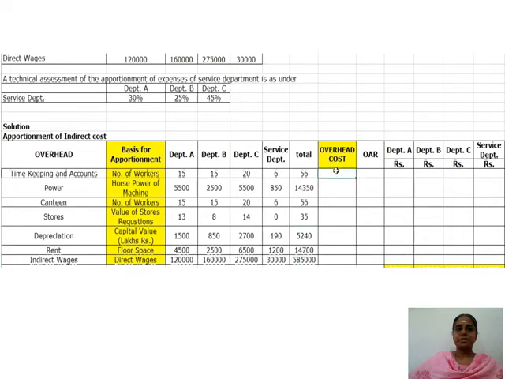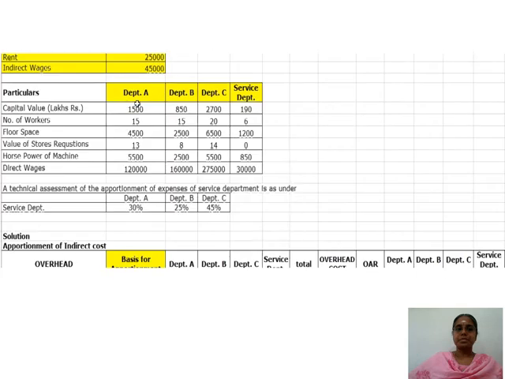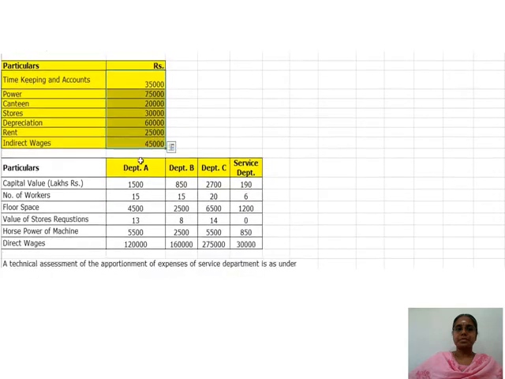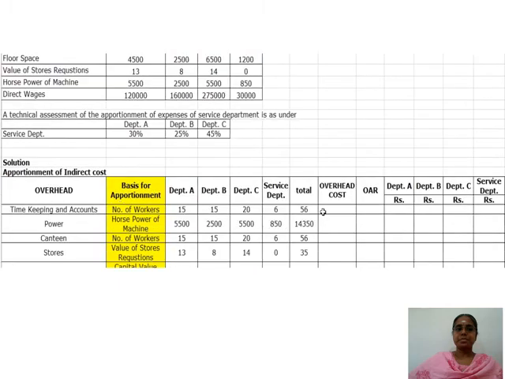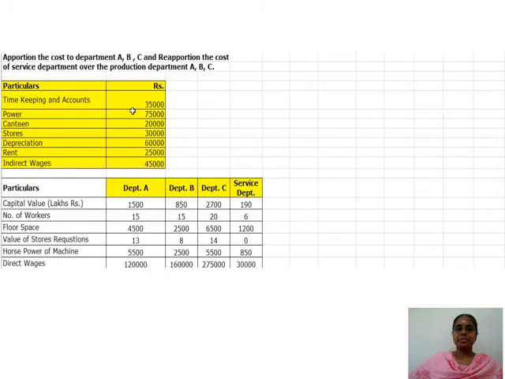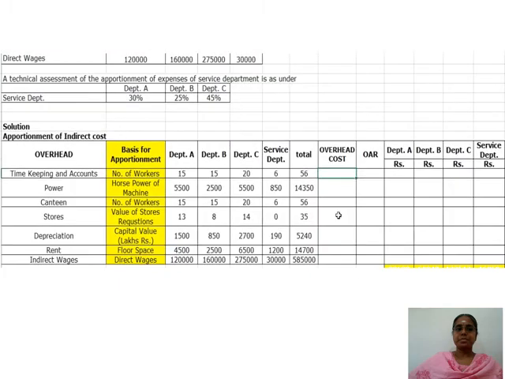Then you fill in the overhead cost from the question. For timekeeping and accounts, the overhead cost can be written from here, which is 35,000. Similarly, for the others, you fill this in. All these things are from the question.